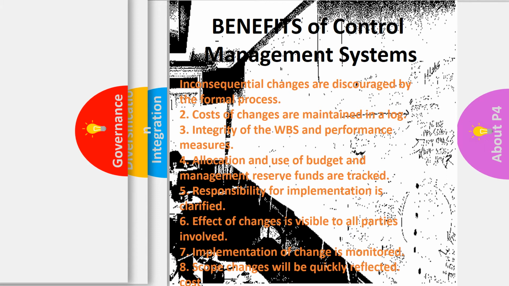Implementation of changes is monitored. And scope changes will be quickly reflected. A lot of these things we've mentioned before, but these are the benefits. It's to have a working document to say exactly what you've done and why you've done it, and to justify each action, especially if you go over budget or over time.